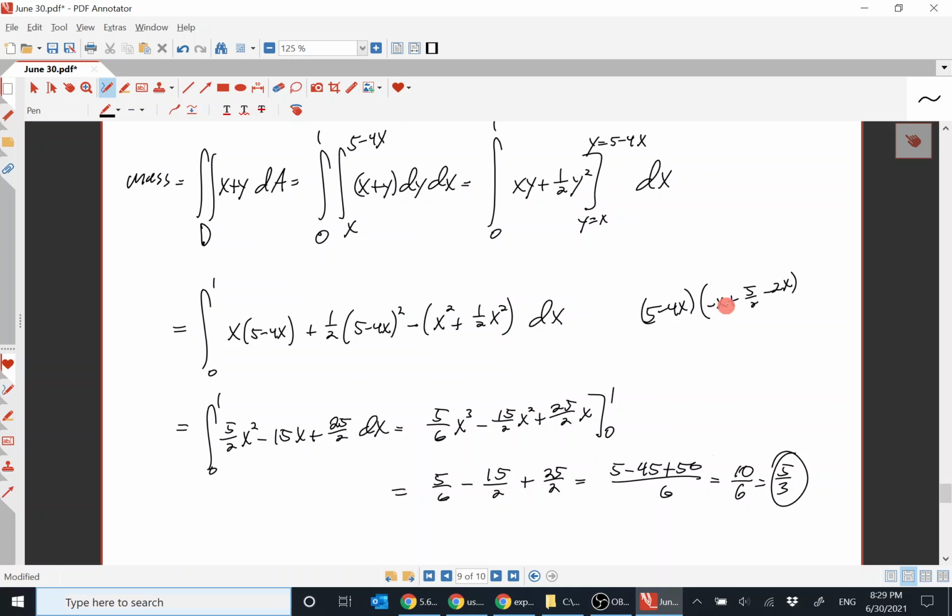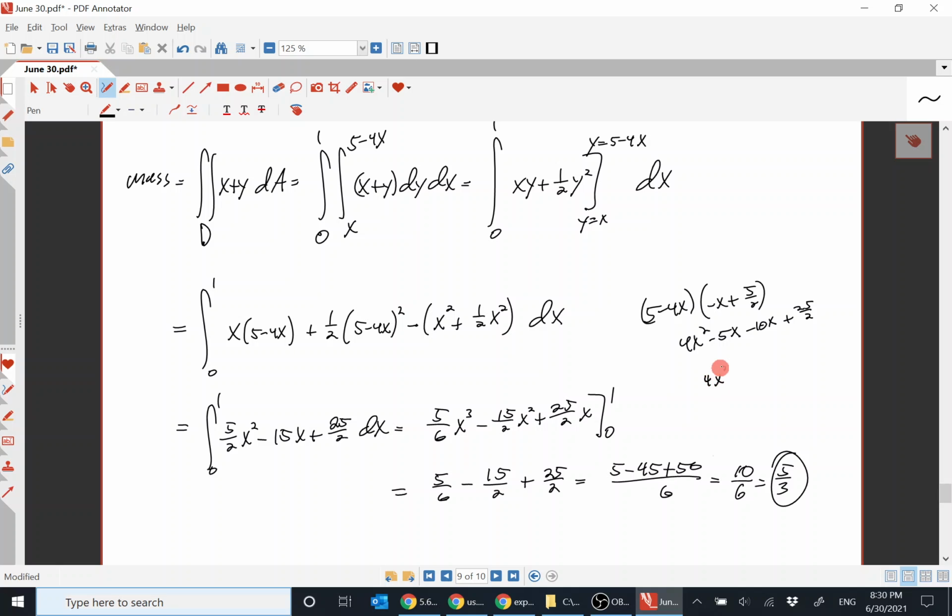So it's minus x. So 4x squared minus 5 plus 25 over 2.